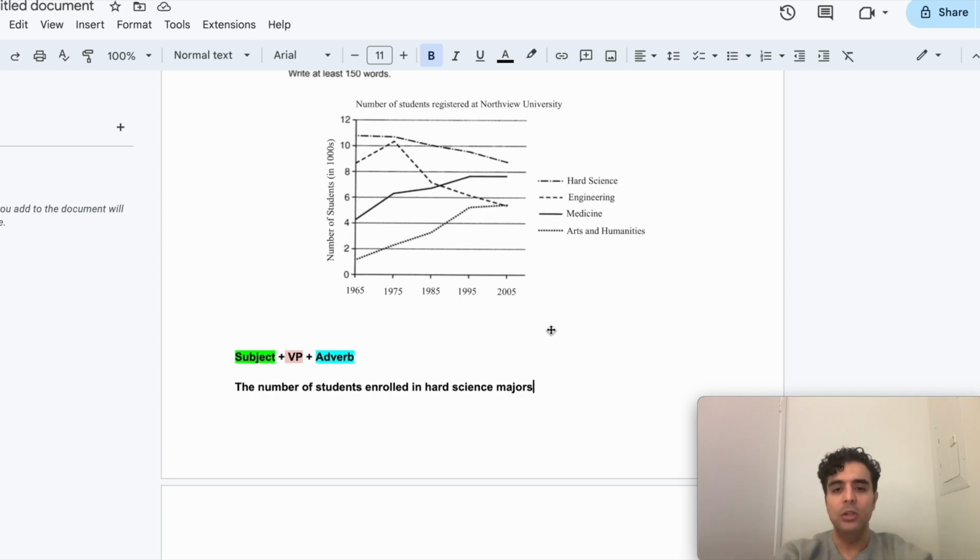Any of the verbs that we looked at before. I'm just going to use decreased. Now, did it decrease by a lot, or did it decrease very sharply? No, it kind of happened gradually. So I'm going to use the adverb gradually. So the number of students enrolled in hard science majors decreased gradually.